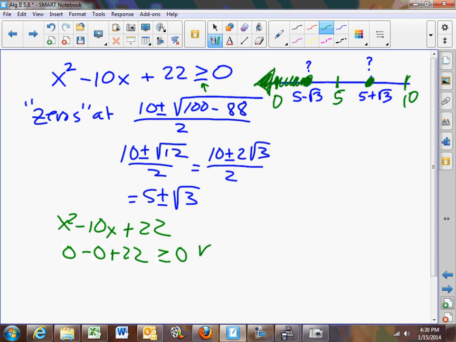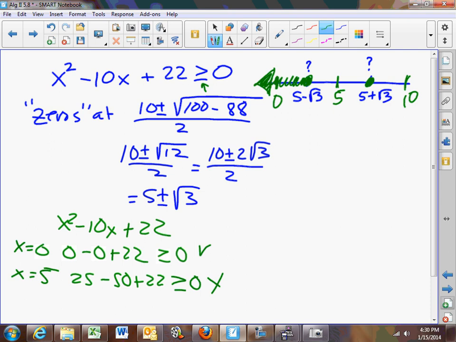Now let's try 5. We tried x equals 0 here. If x equals 5, then we have 5 squared, that's 25, minus 10 times 5, that's minus 50, plus 22. That ends up being negative 3, which is, we want it to be greater than or equal to 0, so it's not.